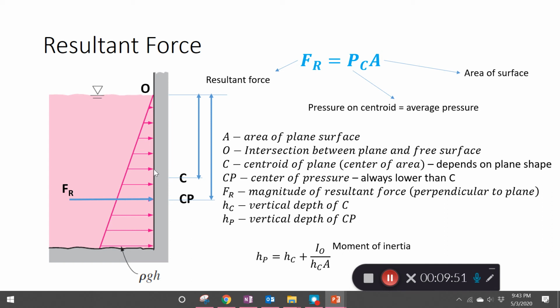It's going to act at the center of this load here, right? So that's why it is always lower than the center of the plane, because naturally we have higher pressure at the bottom, therefore higher force acting at the bottom. So this is the reason. And to calculate the value of Hp, where the CP is, you can use this equation.